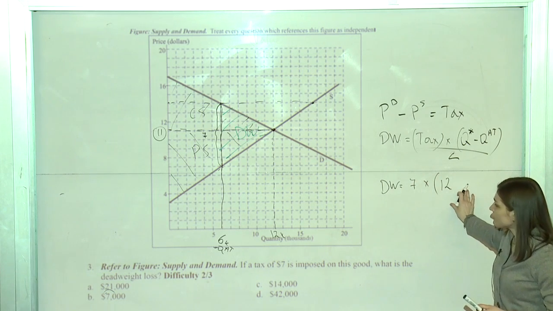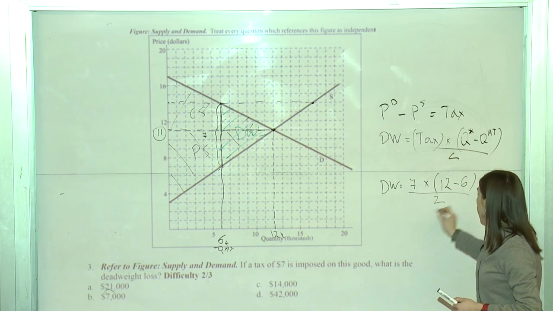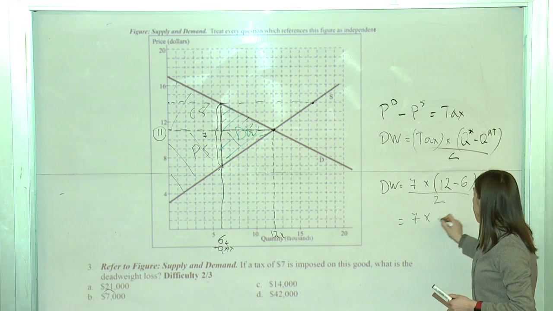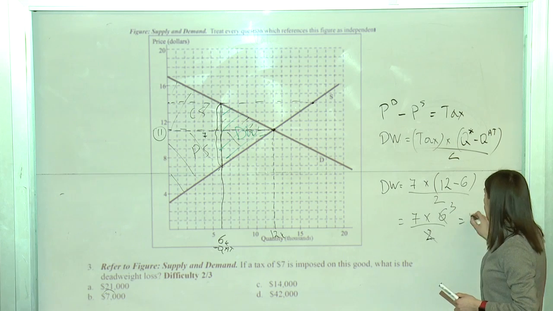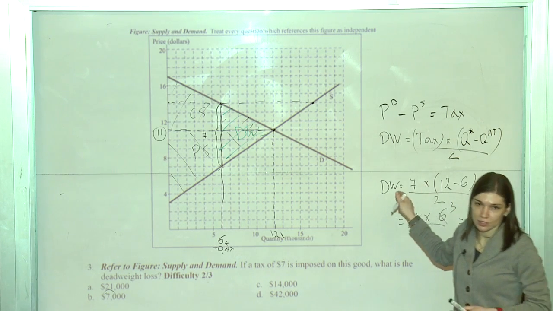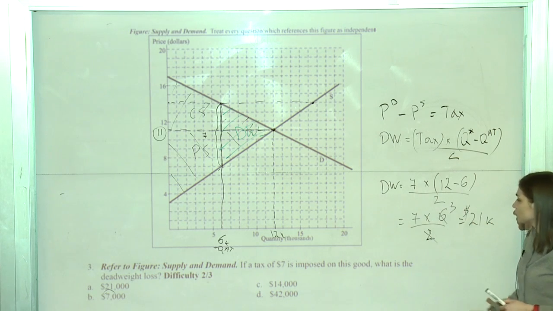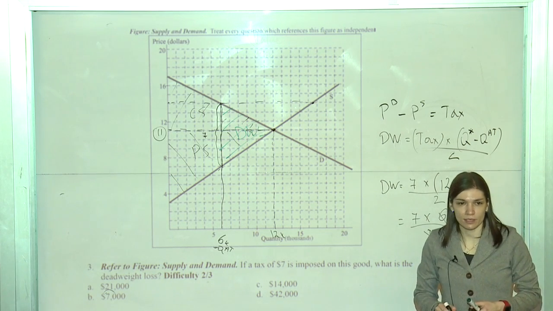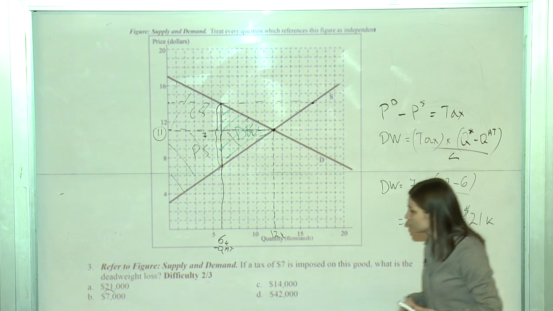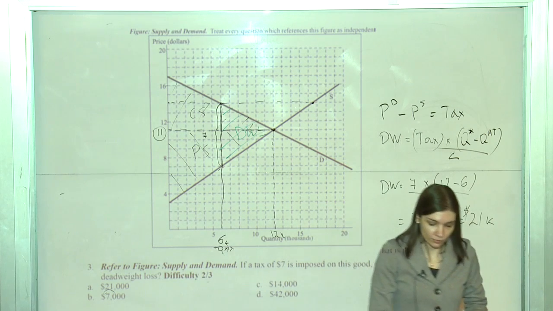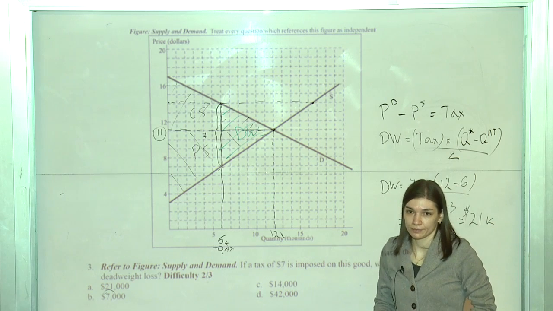And what is the quantity after tax we saw? It was 6. The whole thing divided by 2. So we have 7 times 6 divided by 2, which is 21. But the quantity is in thousands, so it's $21,000. Does that make sense? Okay, so we lost 21,000 of total surplus because we imposed this tax. So that's answer A.